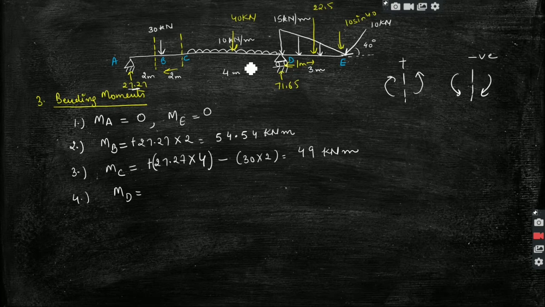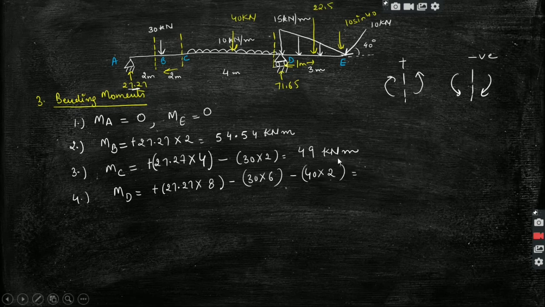So plus 27.27 into 2 plus 2 plus 4, that is 8, minus 30 into 6, minus 40 into 2. When we solve this, I am not writing the exact value, but approximately we will get 41.7 kilonewton meter, right?